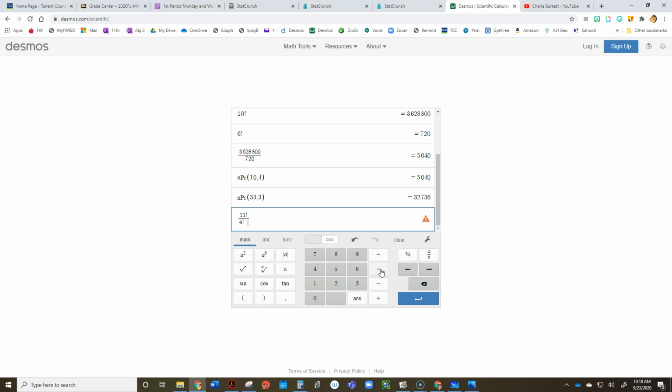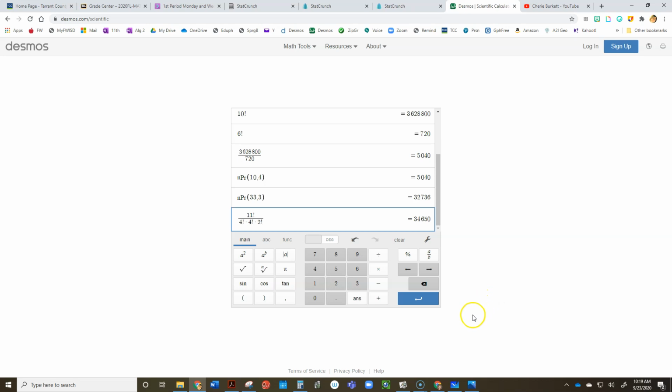I'm going to go ahead and put the times button just in case leaving it out would mess it up. 4 factorial and then times, and then we do 2 factorial. And that gives you the total number of ways to arrange the letters in Mississippi that are distinguishable from one another.